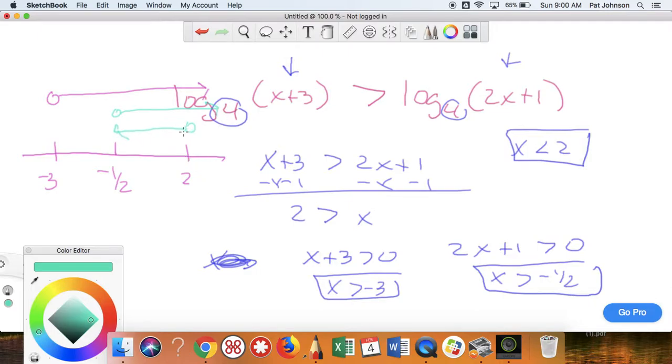And where do they overlap? Between here and here. So x is going to be greater than negative 1/2, but less than 2. So you have to find out when it's defined, because it will be undefined when the argument is negative or 0. All right, do the practice problems, and we'll see you in class.